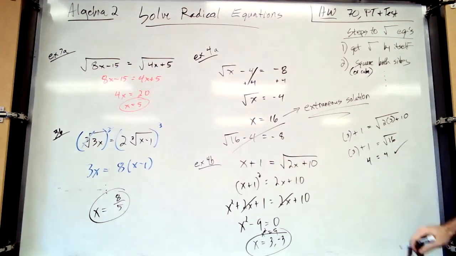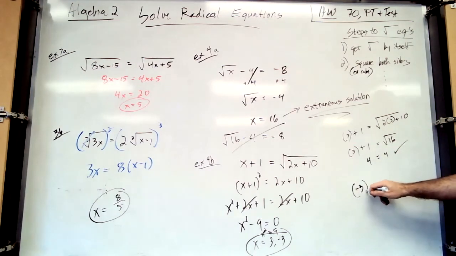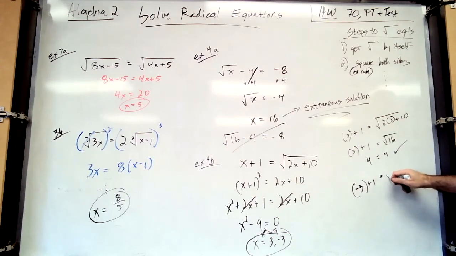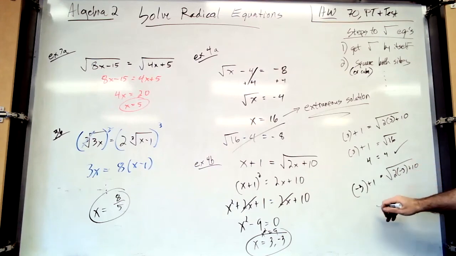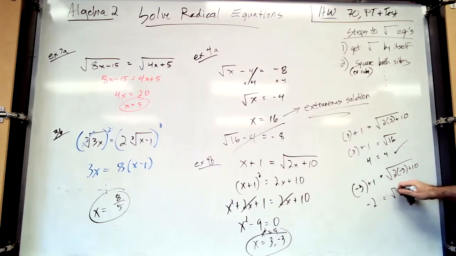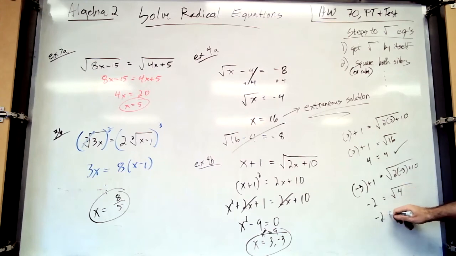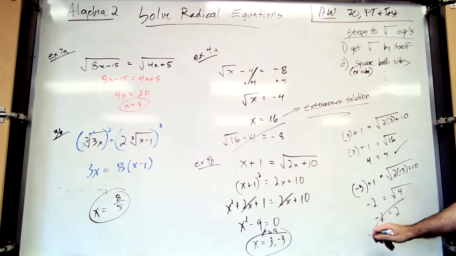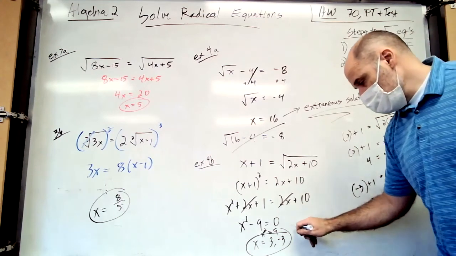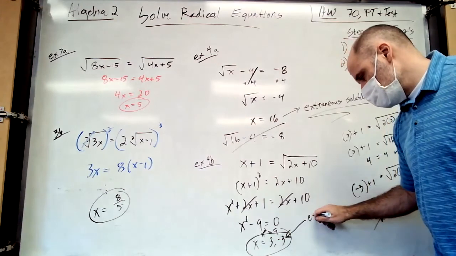Let's plug in negative 3. Negative 3 plus 1 equals square root of 2 times negative 3 plus 10. So that's negative 2 equals the square root of 4. Negative 2 equals 2? No. So you've got two solutions, but this one is extraneous.